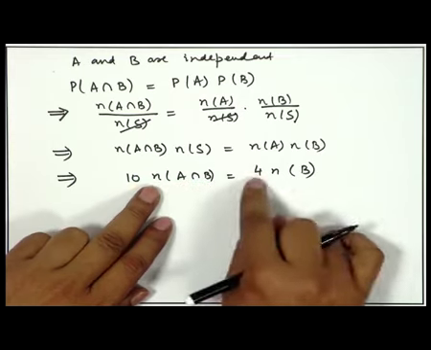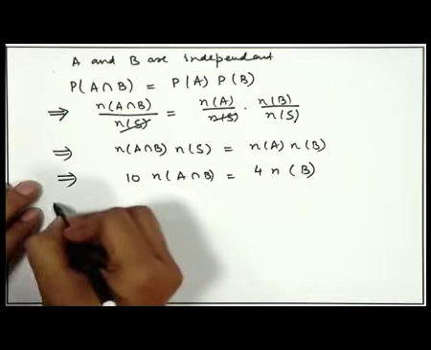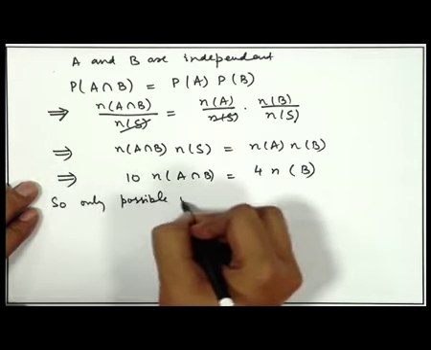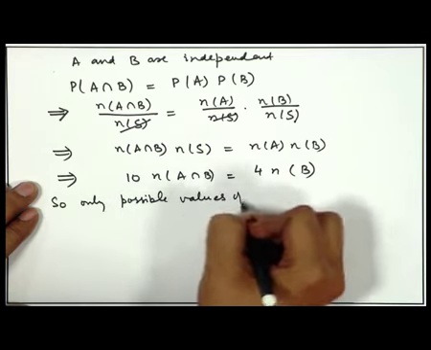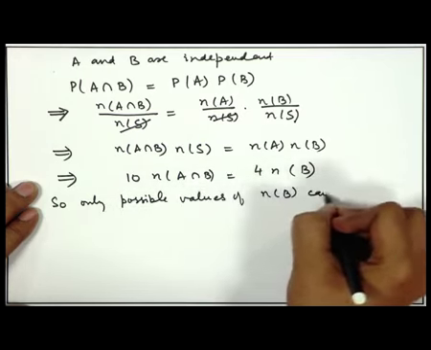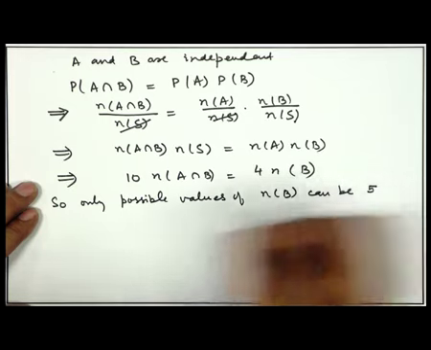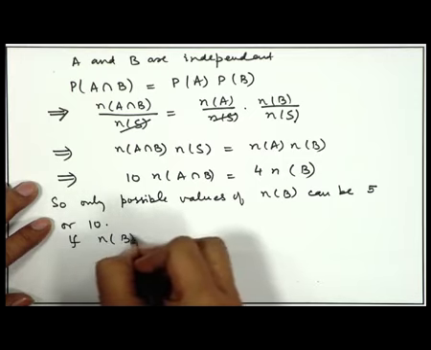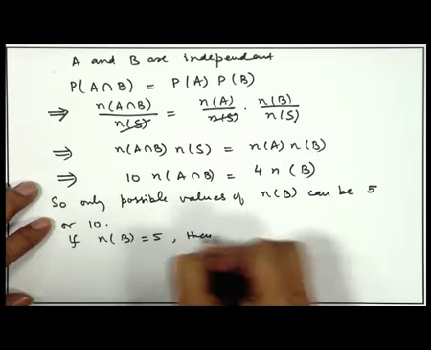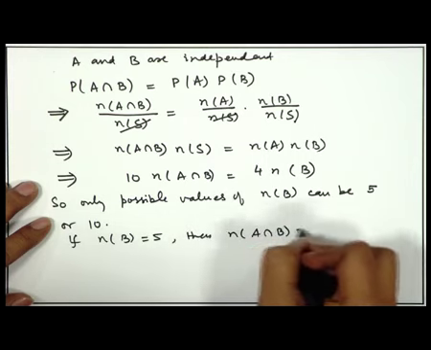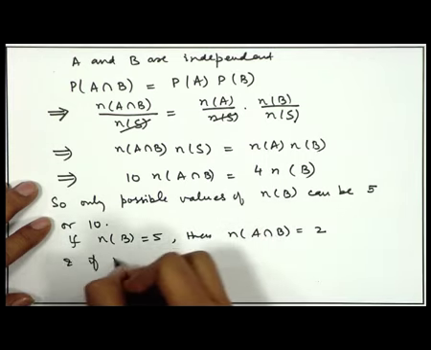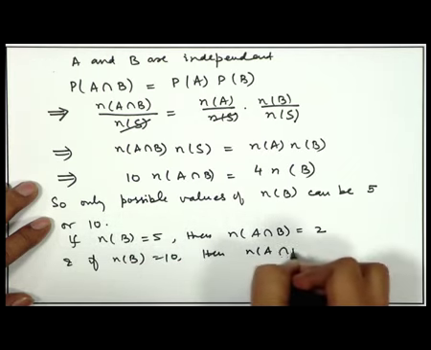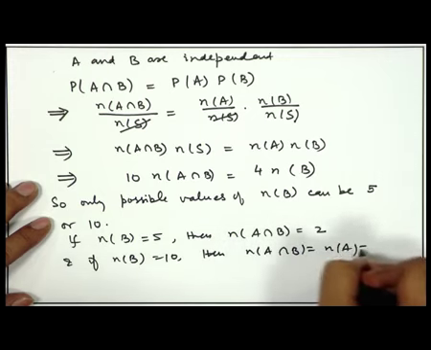So, this will become 40 and this side will become 40. So, the only possible values of n of B can be 5 or 10. If n of B is 5, then n of A intersection B must be equal to 2, and if n of B is equal to 10, then n of A intersection B is equal to n of A, that is equal to 4.